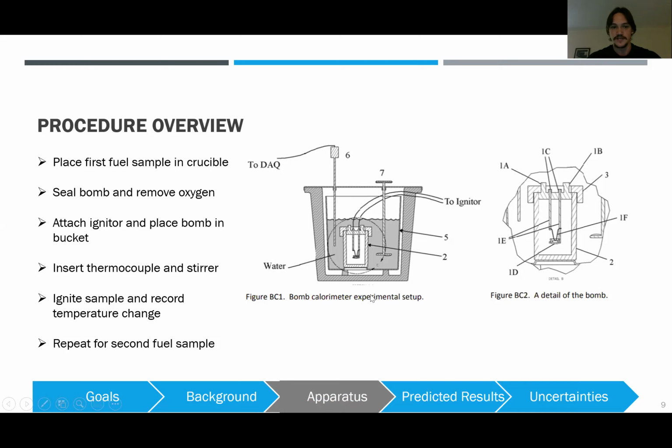Then you're going to attach the igniter, place the bomb in the bucket, insert the thermocouple and stirrer, and ignite the sample with the stirrer turned on, of course, and then observe the temperature change after the combustion. Then you're going to repeat it for the second fuel sample, which is unknown, which, surprise, will be Sour Jacks.